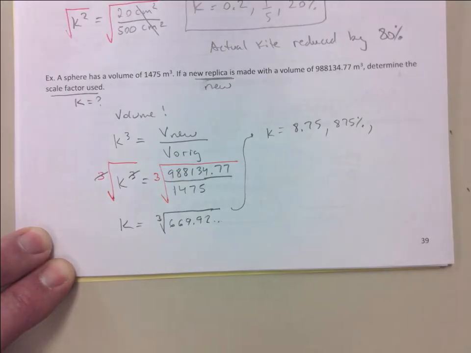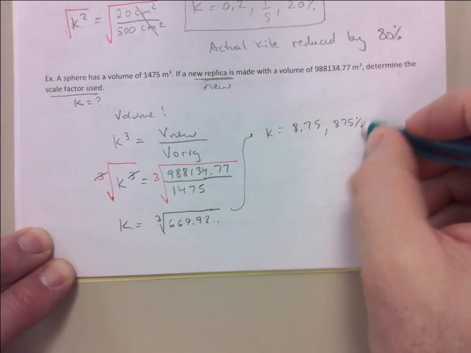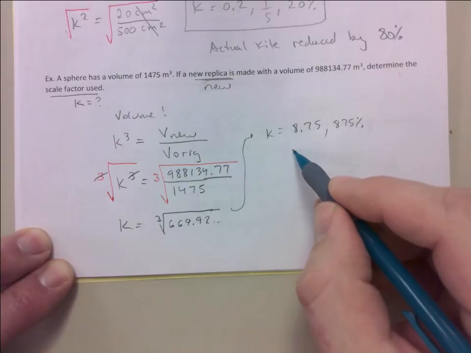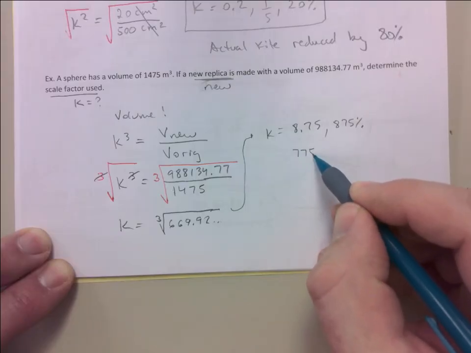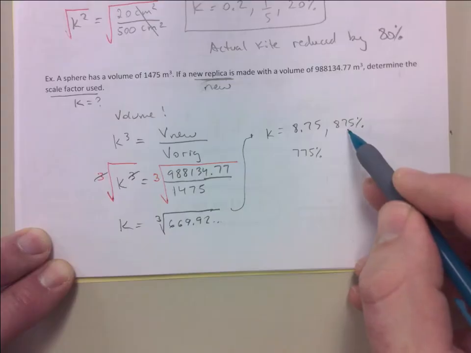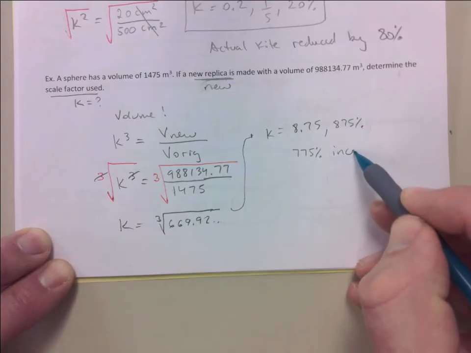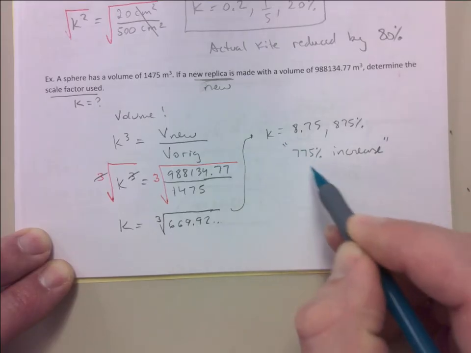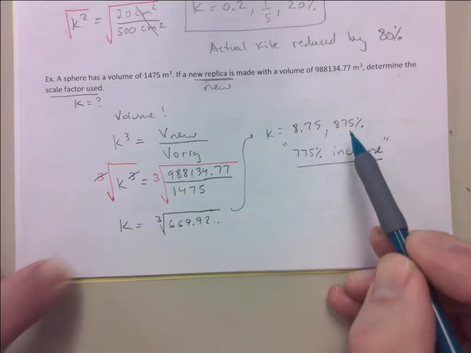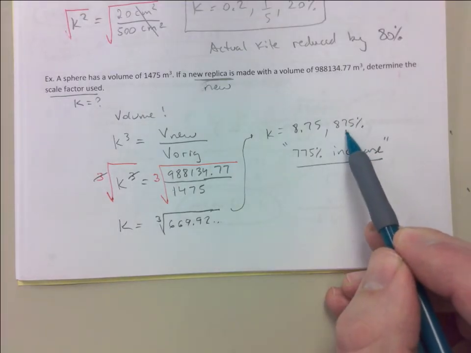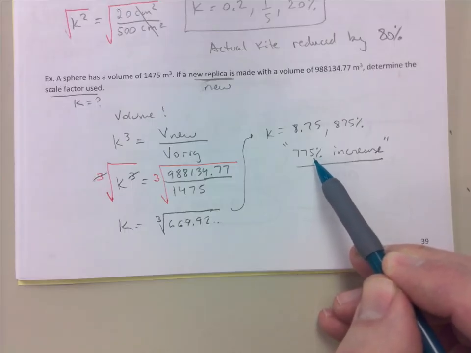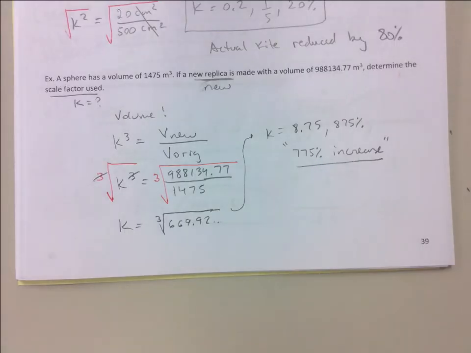I haven't even tried. No, you can't. So we're kind of stuck there. That's what we have. So that's a 775% increase. I like to have that explanation because we went from 100 to 875. So it has been increased by 775%.